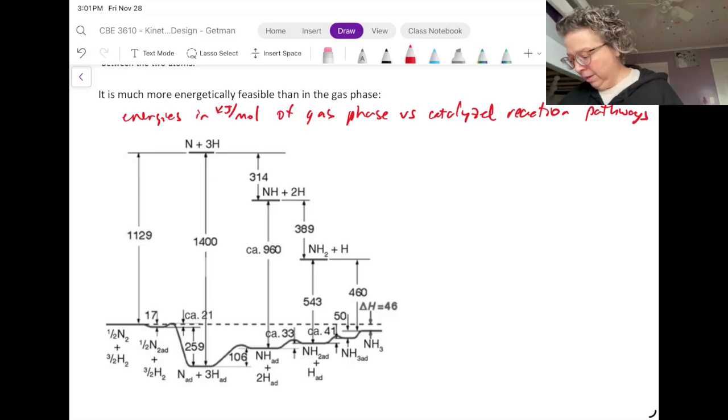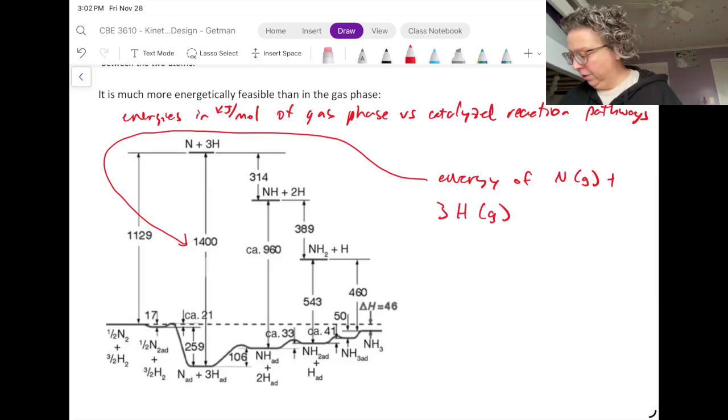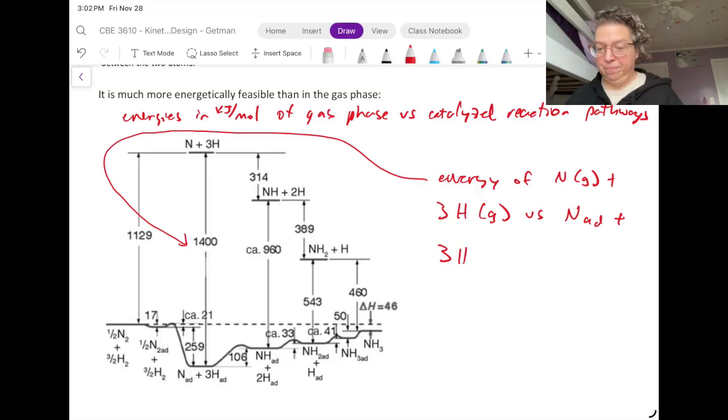We said that one of the key things the catalyst is doing is dissociating the nitrogen molecule, and also the hydrogen molecule. So this right here, I'm going to draw it around here so I don't draw over top of anything, is the energy of atomic nitrogen gas plus 3 atoms of hydrogen gas versus adsorbed nitrogen plus 3 adsorbed hydrogen.